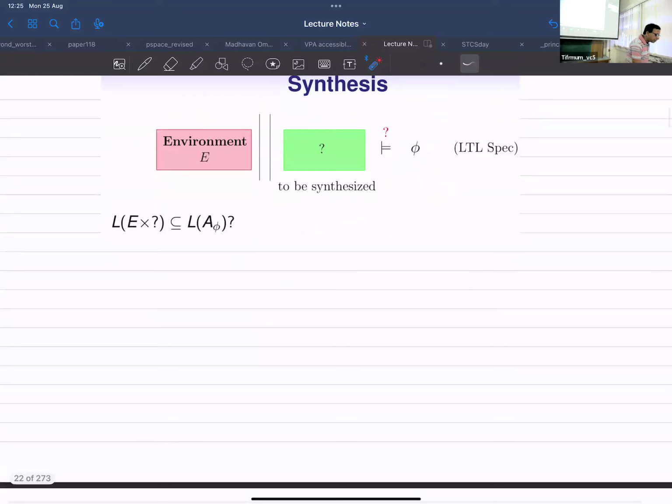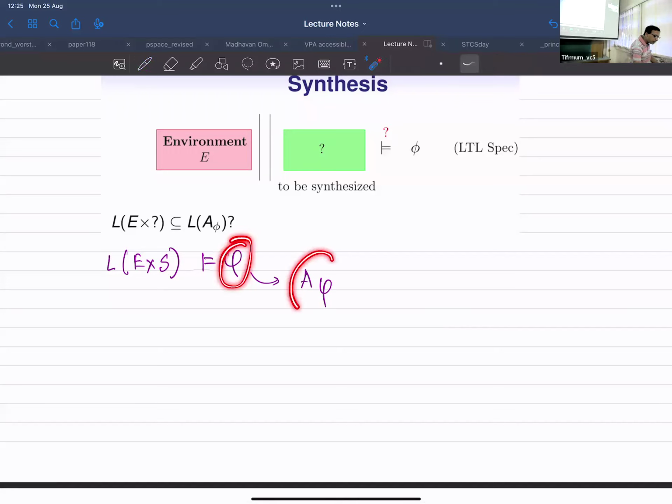So here, earlier, if you remember, in the case of verification, I was given this, and then I asked the question, whether this satisfies phi. And the way one would do this, I mean, the algorithms would work: from phi, I would construct an automaton A phi such that the language which corresponds to this phi is the same as the language of the automaton A phi.